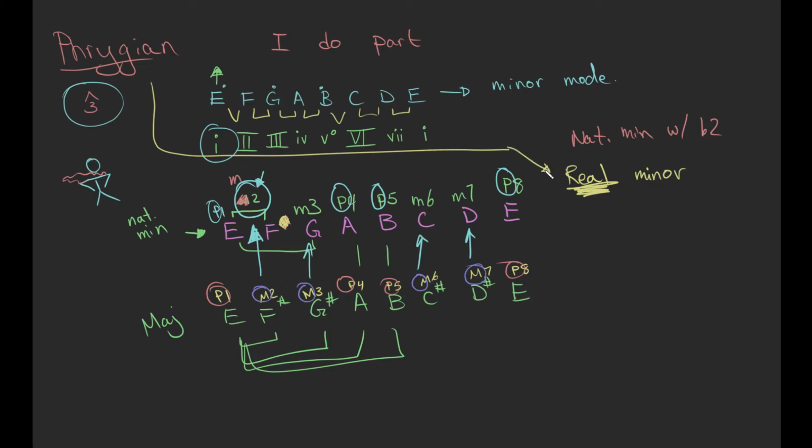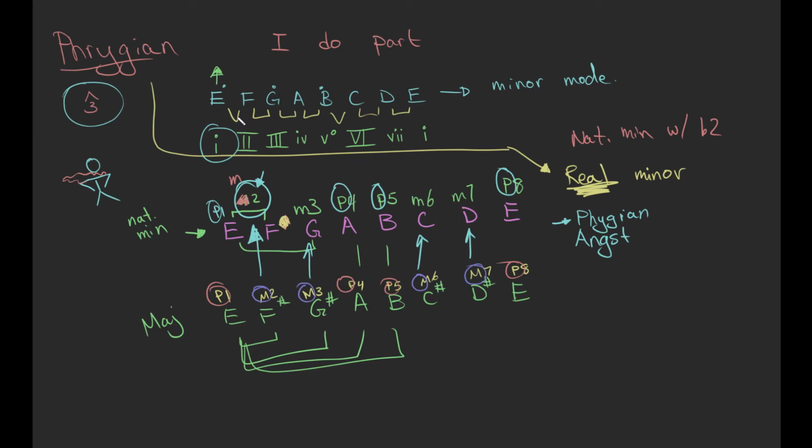And Phrygian is used in death metal music to make sure that your angst is maybe your Phrygian angst. Maybe that's a thing. We can call it Phrygian angst. Your Phrygian angst is real because minor isn't dark enough, so they go Phrygian, which is a really dark scale. It sounds like I played it in the other video, but we can play it again. It just sounds so dark.